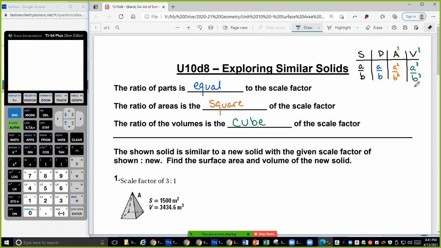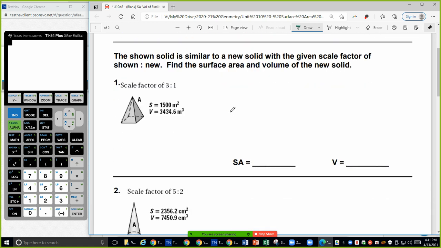So now every time I make a SPA table, I'm going to include the V column for volume anytime I'm working with three-dimensional shapes. Okay, let's look at my first example. The shown solid is similar to a new solid with the given scale factor of shown to new. This part is important.